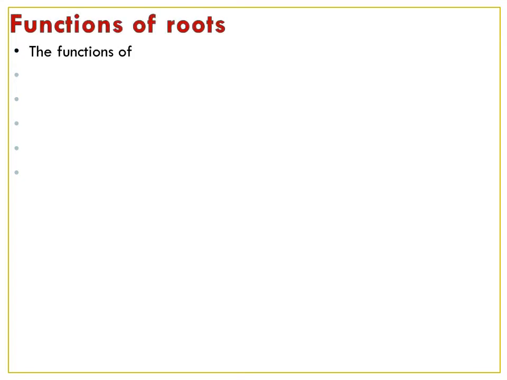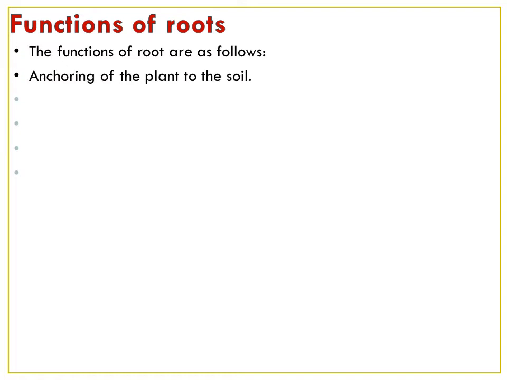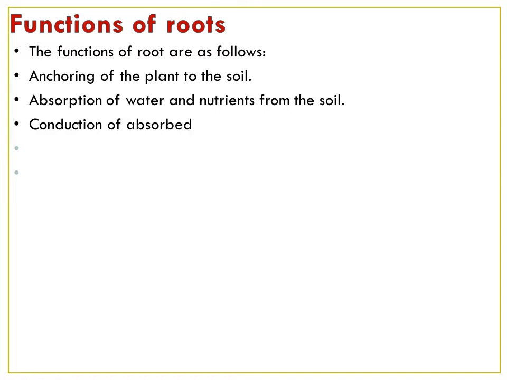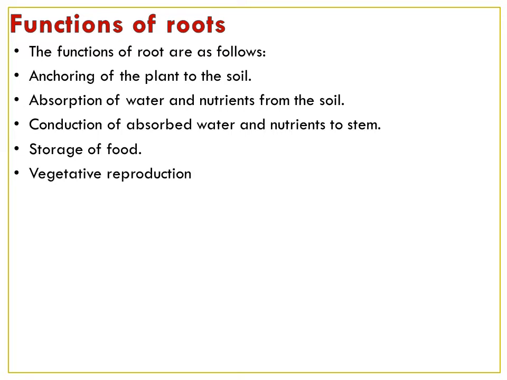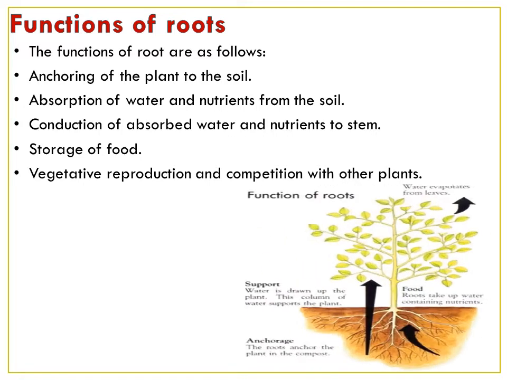Functions of these roots. What do roots do for the plant? They are very necessary for water supply, anchoring the plant to the soil, absorption of water and nutrients from the soil, conduction of absorbed water and nutrients to the stem, storage of food in turnip and carrot, vegetative reproduction, and competition with other plants.